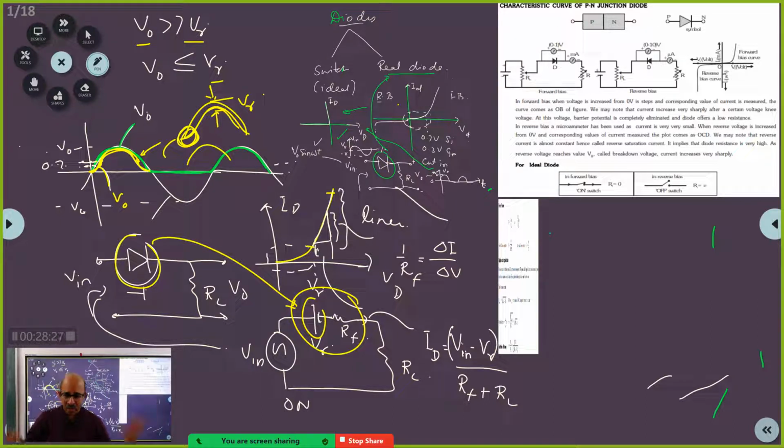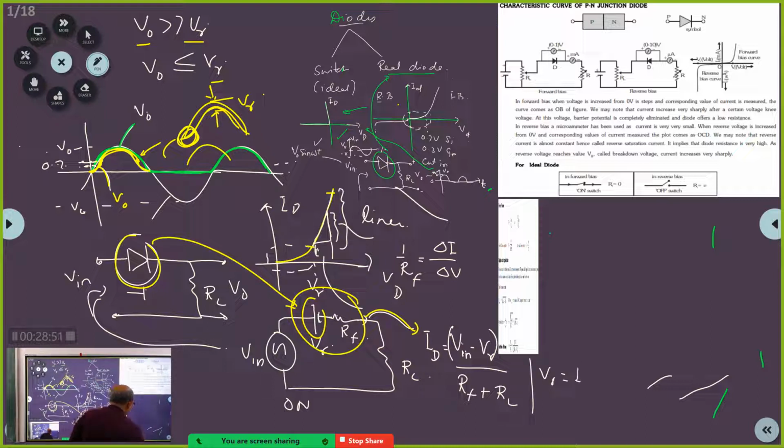Now every time we can't use that. So we create a circuit model so that we can easily solve the circuit problems using this model. So we create this model and we write the corresponding equation of it. Did you get it, students? Yes, sir. Now, what will be the output voltage?